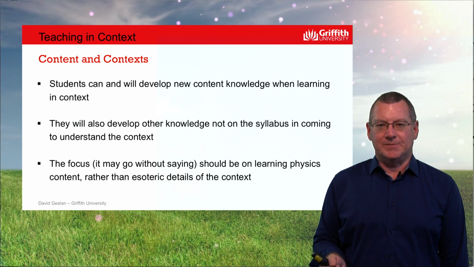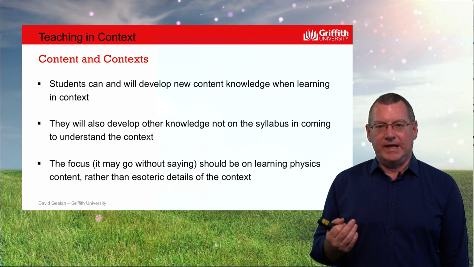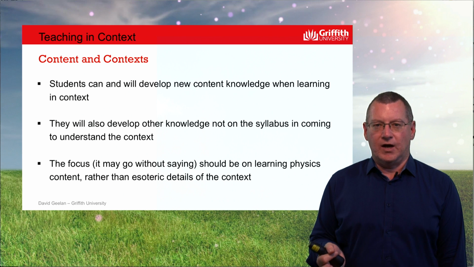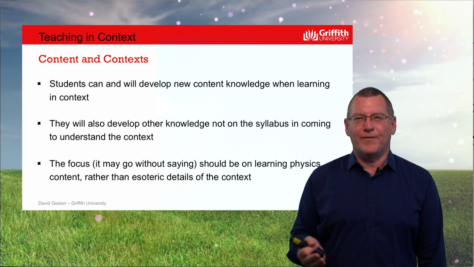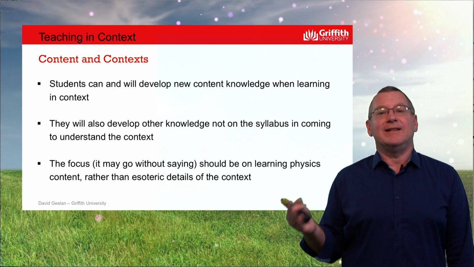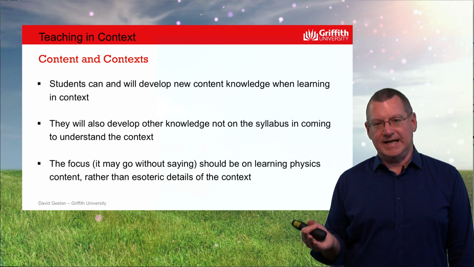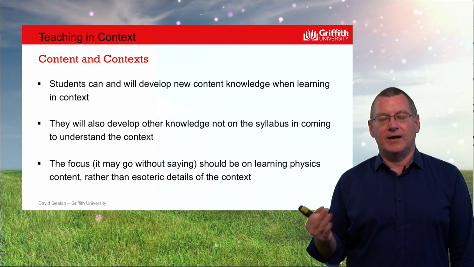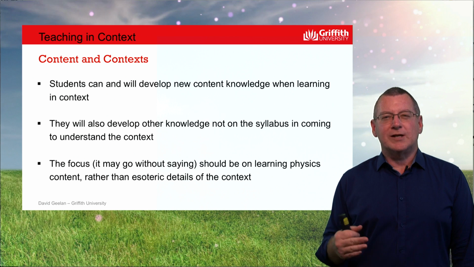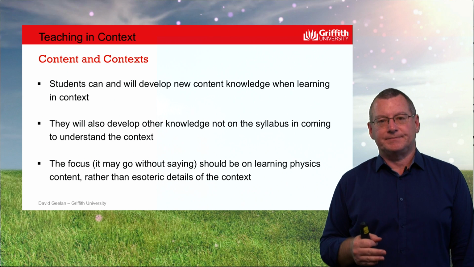Household electricity transmission and whether we can get a higher temperature superconductor, or a whole variety of possible things. Students can learn new content through the context. They will, because they're engaging with it deeply and coming to understand it. They will also learn content that's not on the syllabus by the nature of the thing.